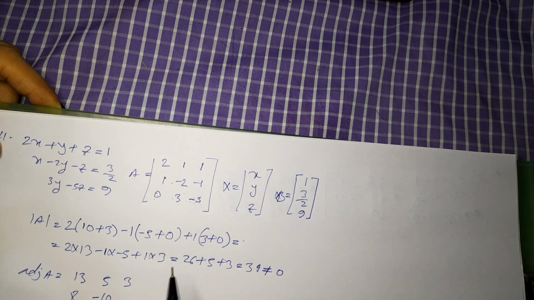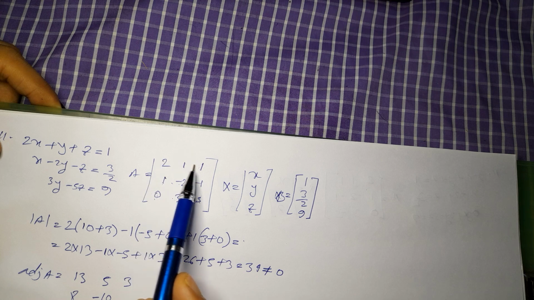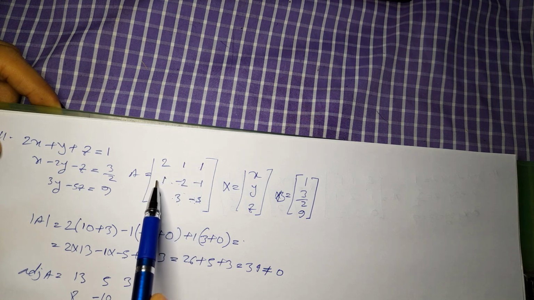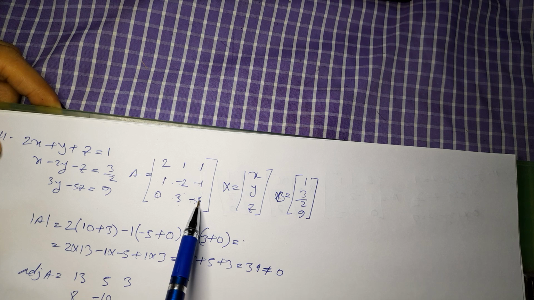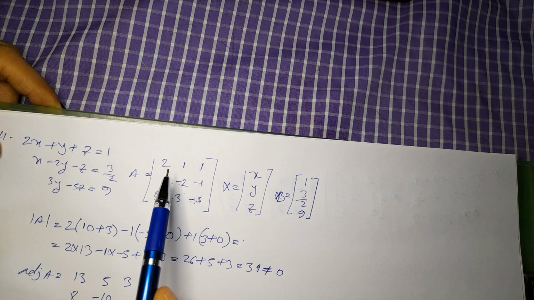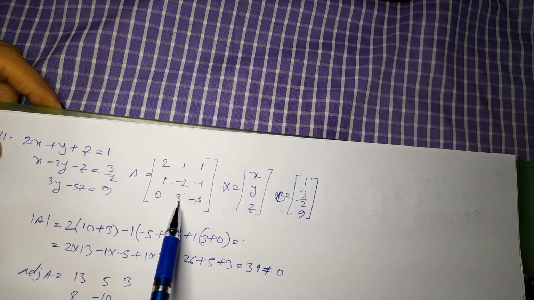minus 0. Sorry, this row and this column, second row and third column, so 3 twos are 6.